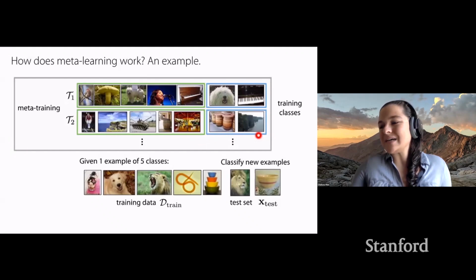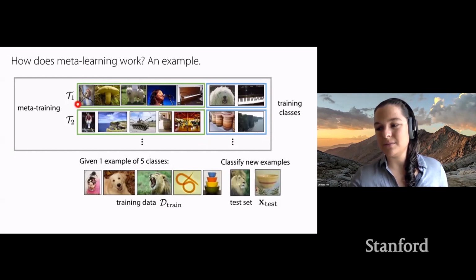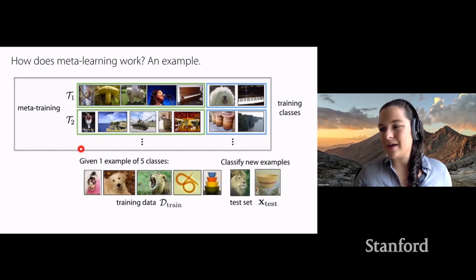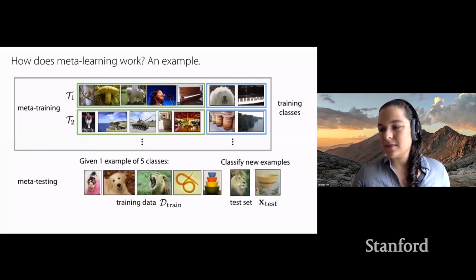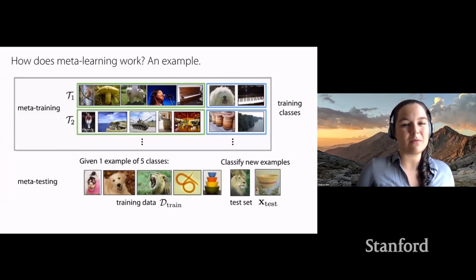So it's essentially learning how to learn each of these image classification tasks. And once you learn how to learn these different tasks in the meta training set, then at meta testing, when you're given this new few-shot learning problem, you'll be prepared to solve it because you've solved many other few-shot learning problems.